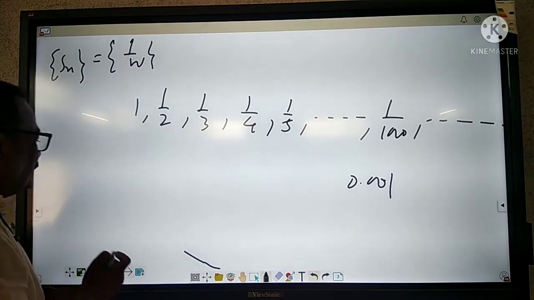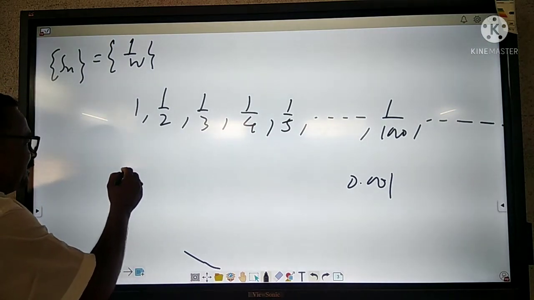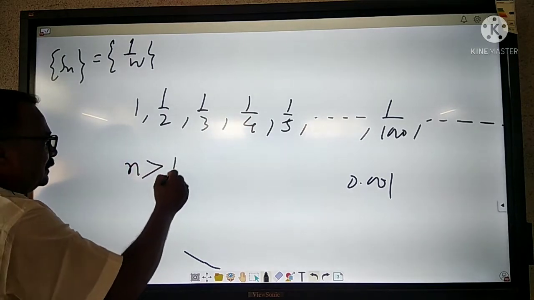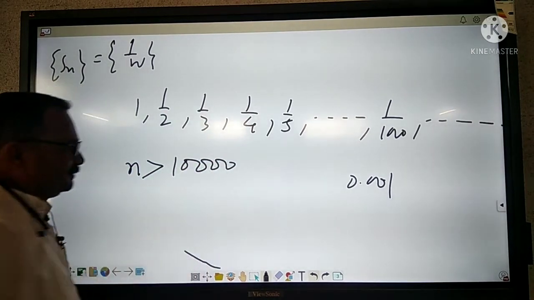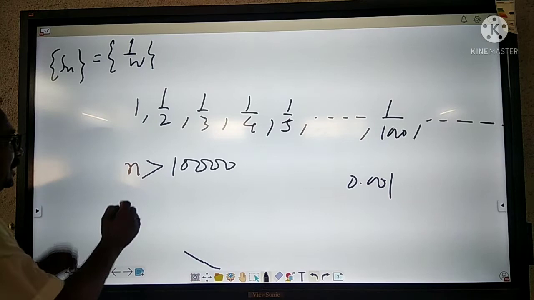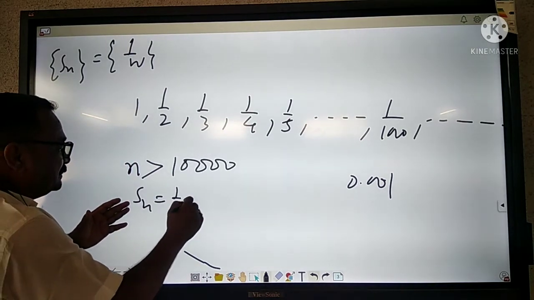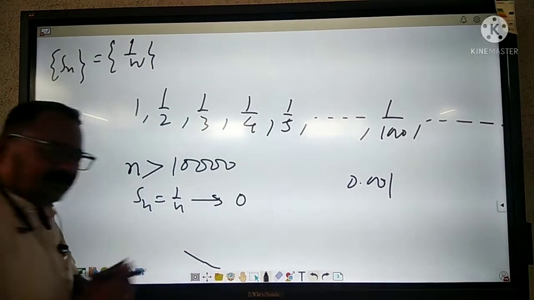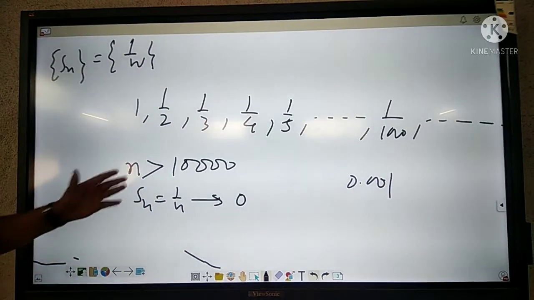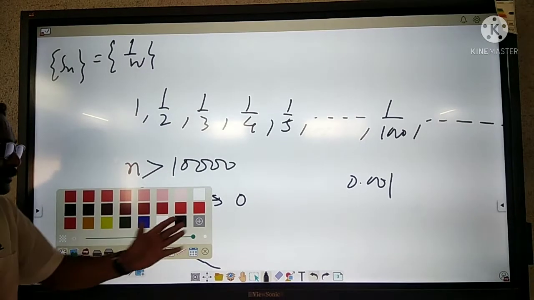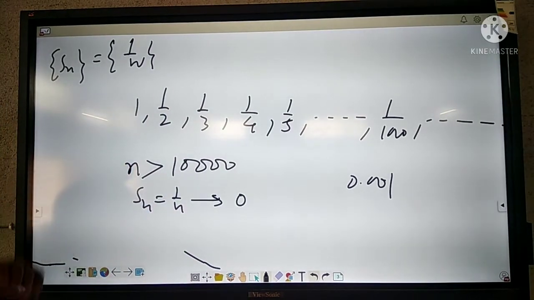So we can say that for n greater than, suppose, 10,000, this Sn, meaning 1 upon n, tends to 0. Am I right? Because 1 upon 10,000 turns towards 0.